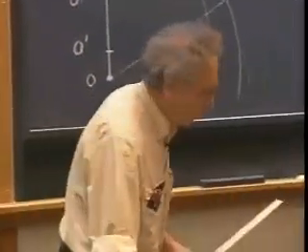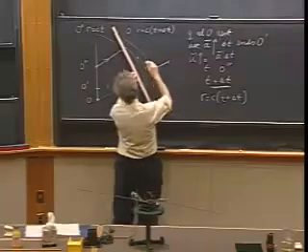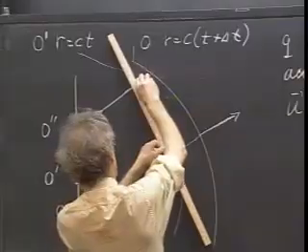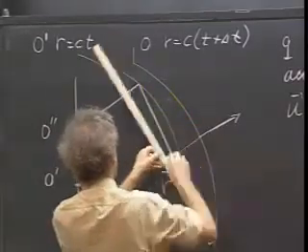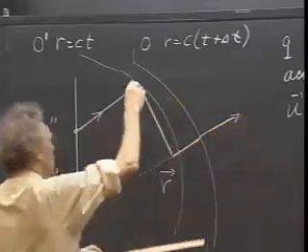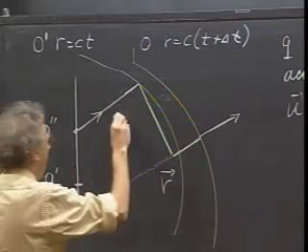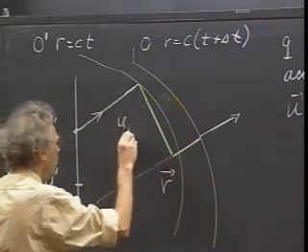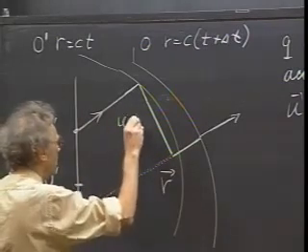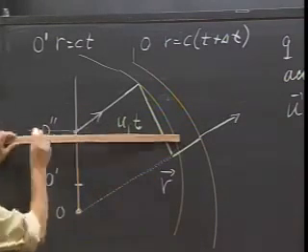Let me first make a drawing of a triangle that's going to be important, which is this triangle. This length here has a length u perpendicular times t. And you can easily see why that is the case, because this distance here is ut.